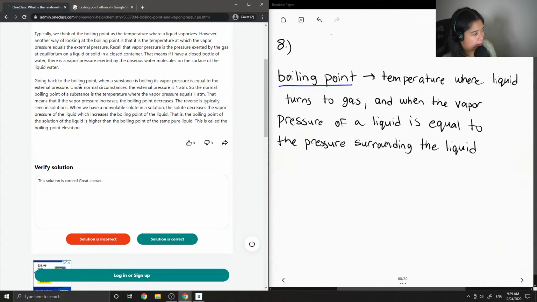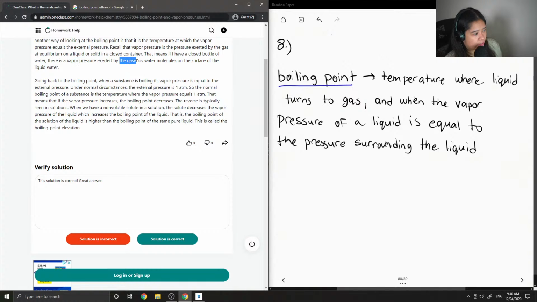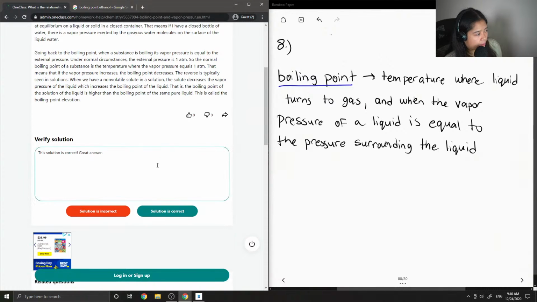Yeah, I know it sounds a bit confusing at first when we talk about the vapor pressure and then we talk about external pressure. But the more you think about the process, about how vapor is formed, and how if it was in a closed system, then that causes more of the vapor pressure exerted by the gas that is formed. But this solution is correct.